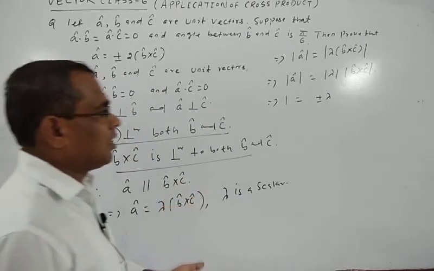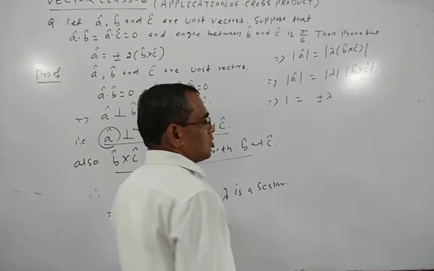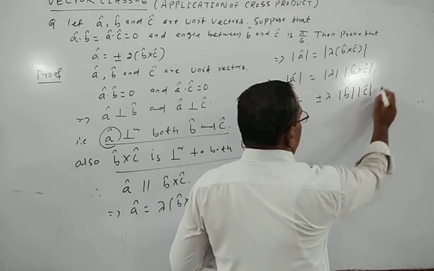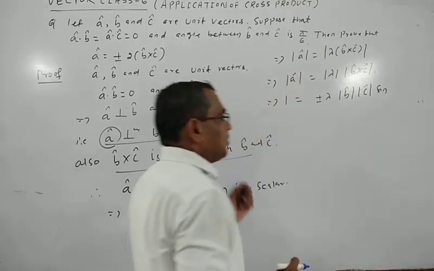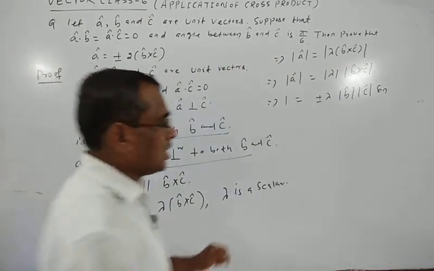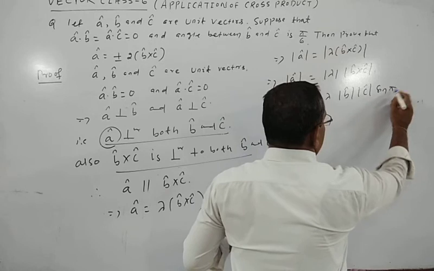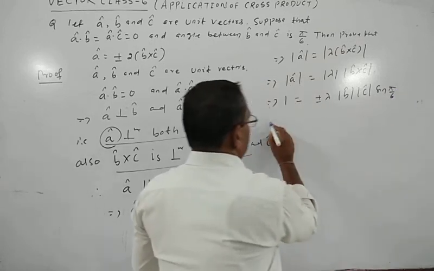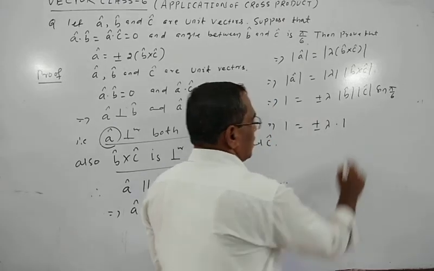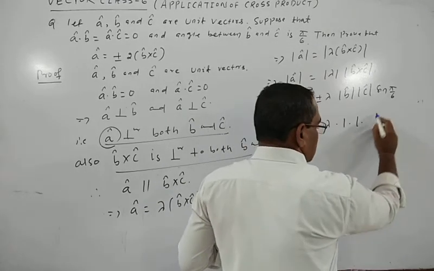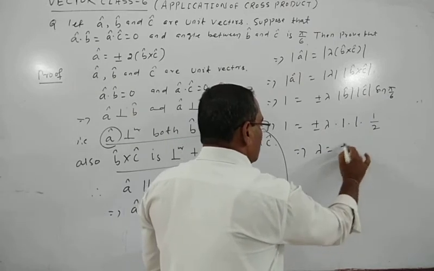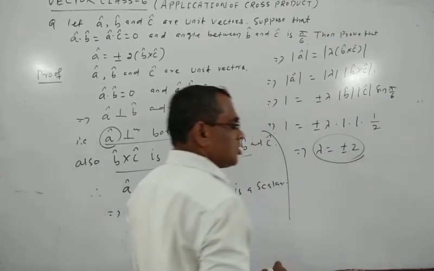This is equal to B cap magnitude, C cap magnitude, and sine of the angle between B and C. The angle between B and C is 30 degrees, sine pi by 6. That implies 1 is equal to plus or minus lambda, B cap magnitude 1, C cap magnitude 1, and sine 30 is equal to 1 by 2. That implies lambda is equal to plus or minus 2.